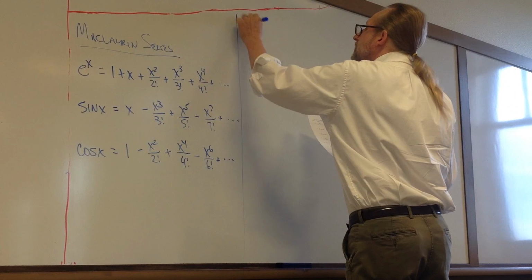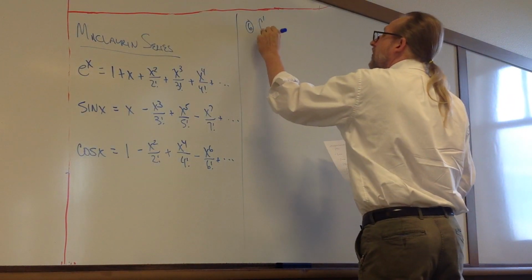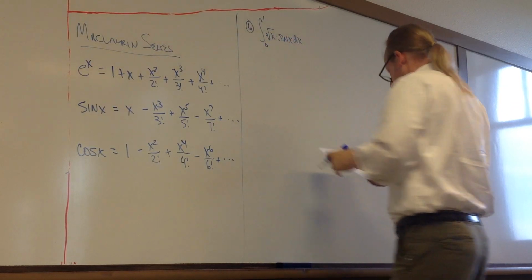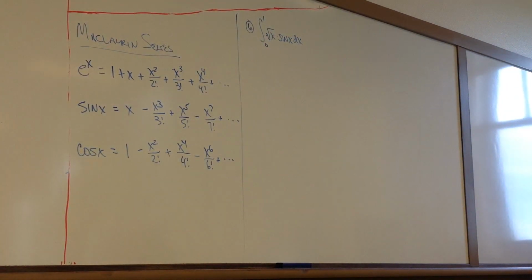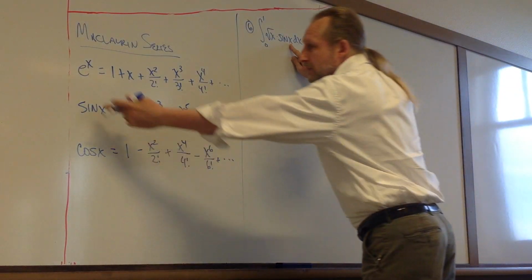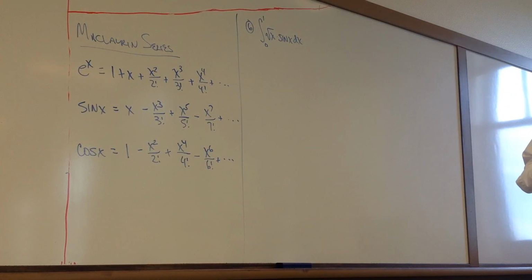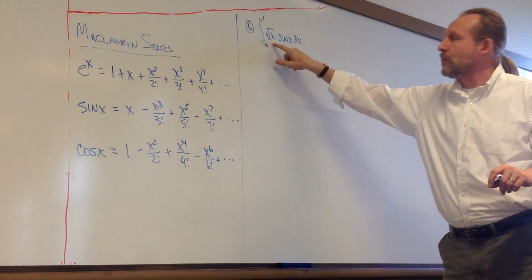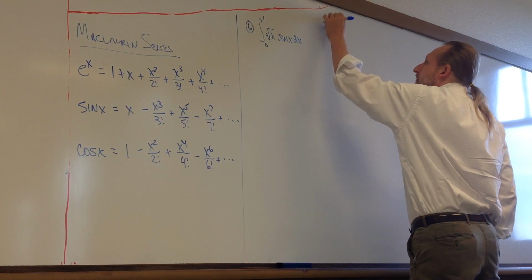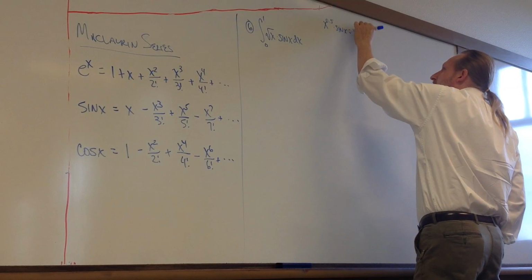In problem 6, we've got the integral of square root x times sine x. Notice that in the sine function we just have an x, so we're just using that series right there. Rather than a substitution, this is a multiplication. So what we've got here is x to the 0.5 times the sine of x.